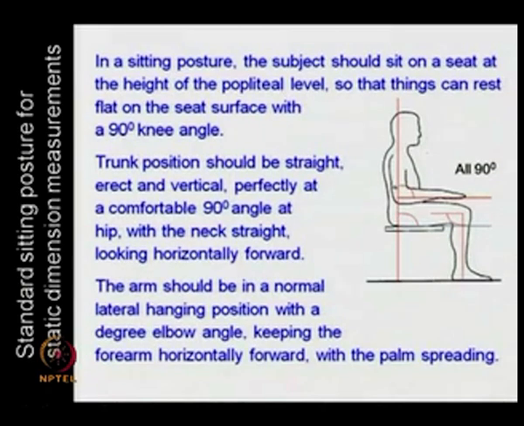So, the elbow angle, hip angle and the popliteal, that is the knee angle below the knee, are all at 90 degrees, and the heel in front is also at 90 degrees.